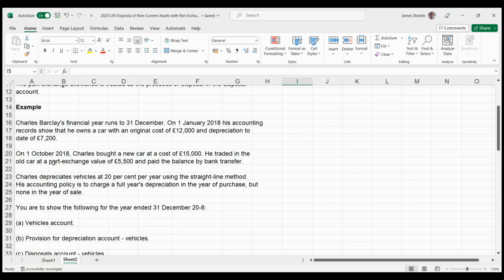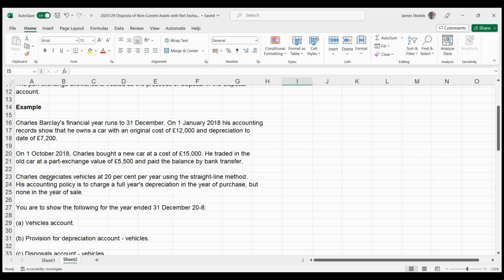He traded in the old car at a part exchange value of £5,500 and paid the balance by bank transfer. So the allowance he was given on his old car was £5,500, and then the balance to make up the £15,000 was paid by bank transfer. To work out the balance, it's the £15,000 take away the £5,500, so it's going to be £9,500.